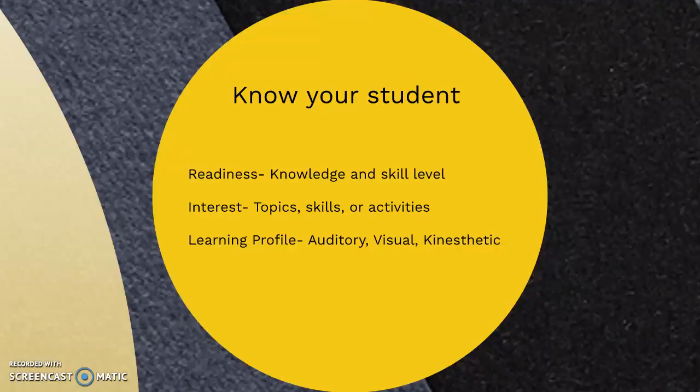It can also be influenced by gender and culture, so be ready for that. And then observation will be your best one in doing this, and also you could do questionnaires. But I think observation is going to be one of the biggest helps in assessing learning profile.